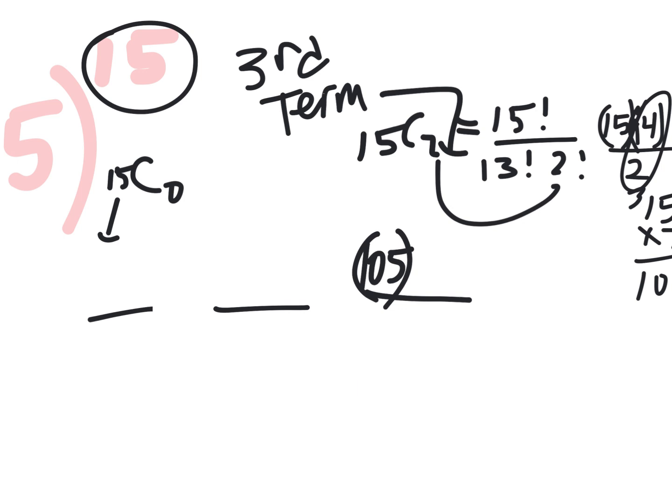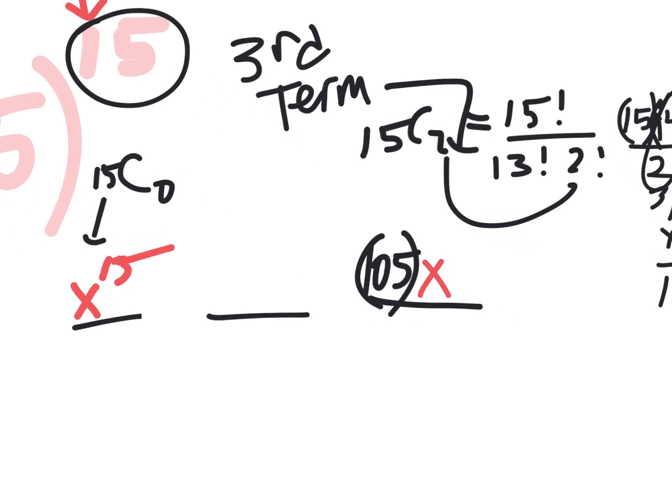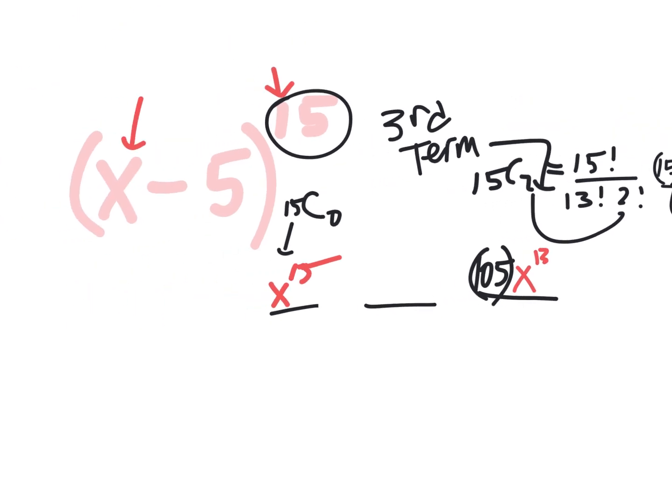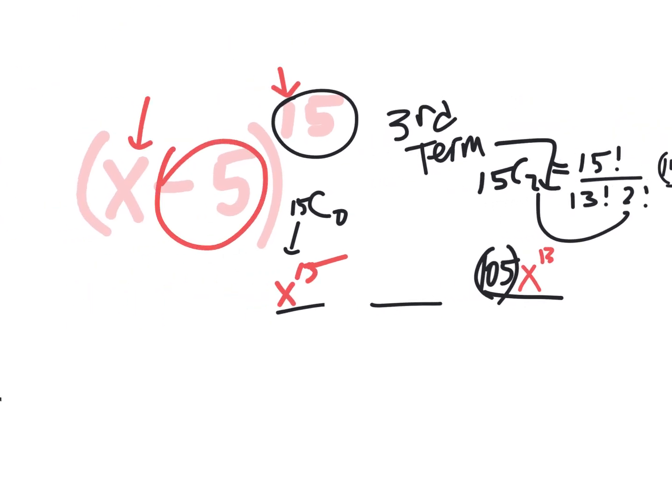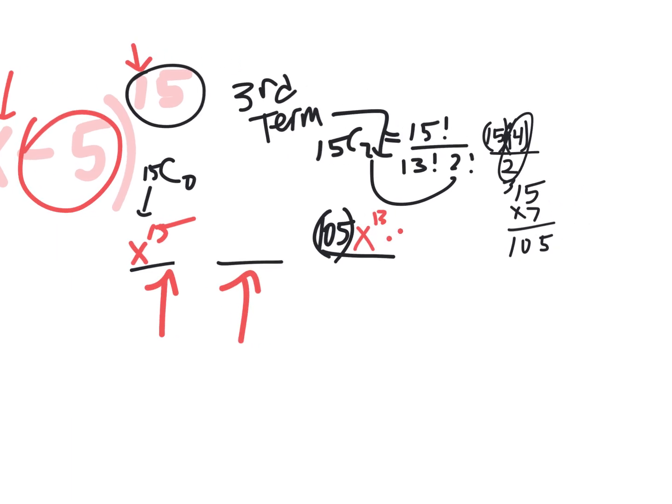And now I can use the easy part. X to the 15 would be first. X to the 14, X to the 13. And then I can do my -5 to the 0 here, -5 to the 1, and -5 squared, which is 25.